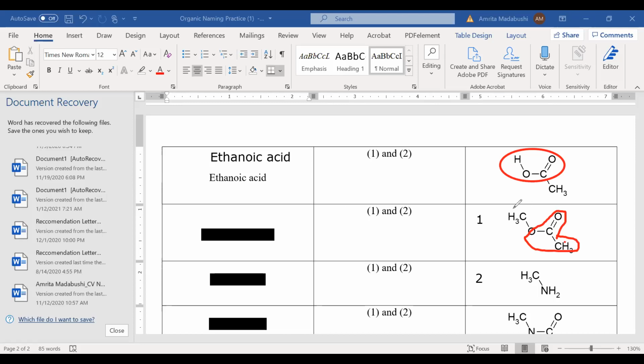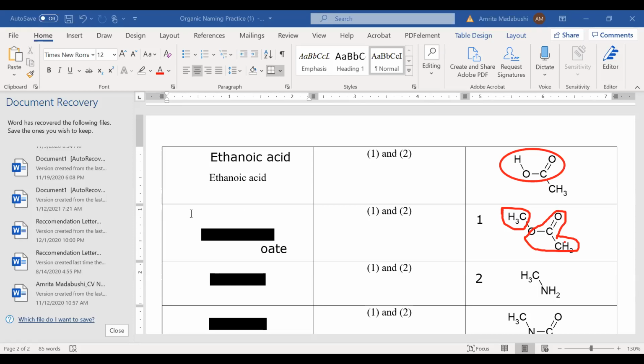So what is CH3? Methyl. And what is 2 C's? That is something to do with eth, right? I'm going to give you a clue. It should end with OH. OH is the suffix.